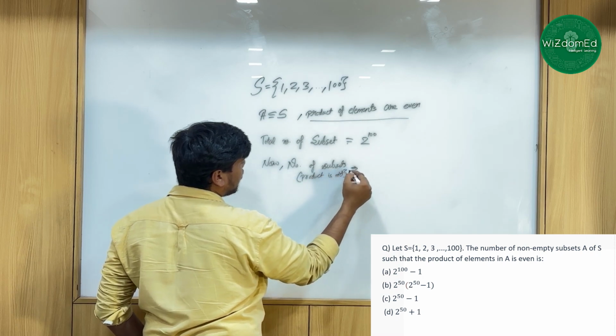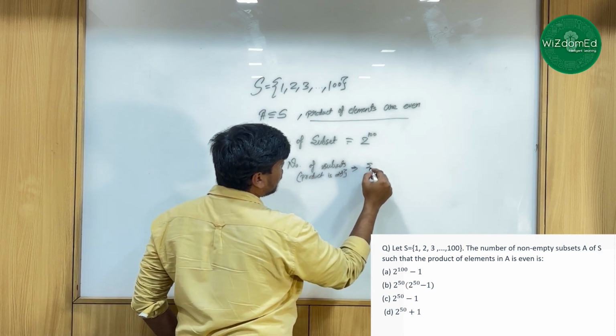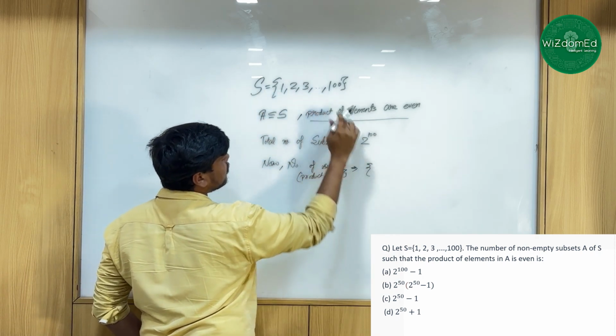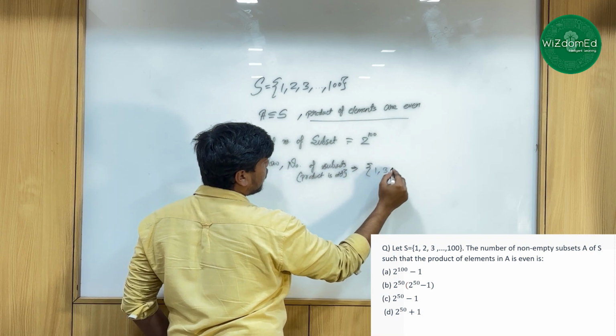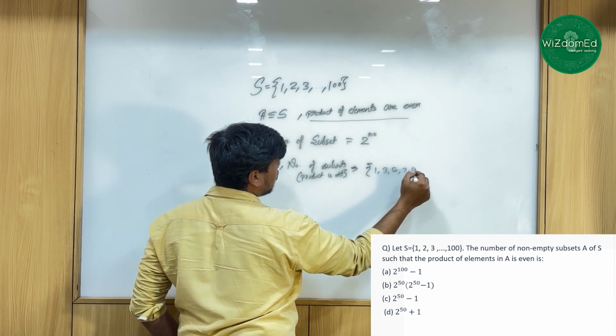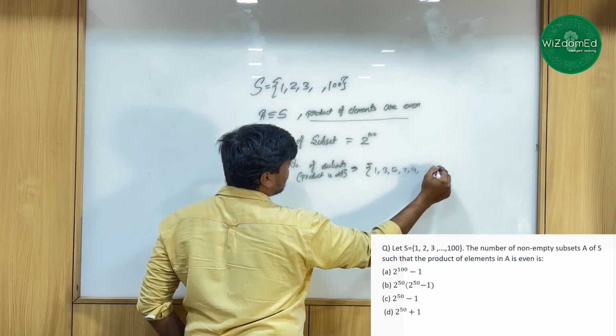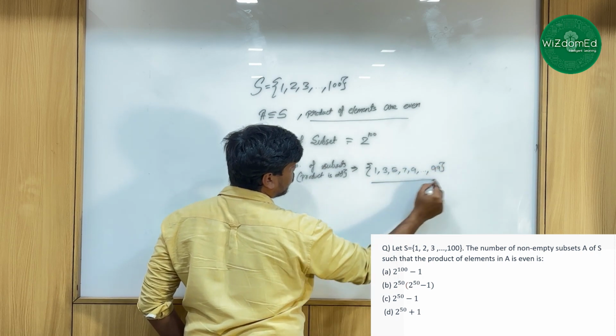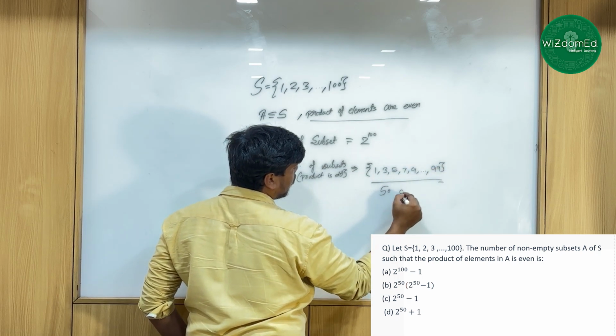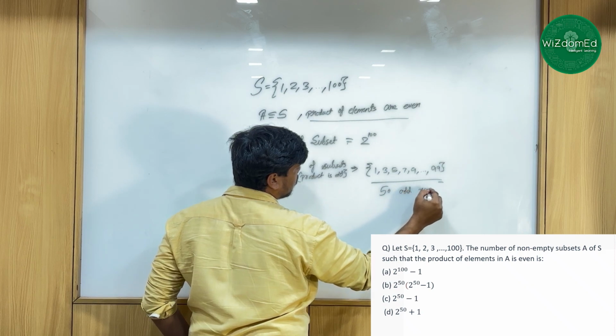To find that, what can we do? We know that out of this total 100 elements, 1, 3, 5, 7, 9 and so on up till 99, there would be 50 odd numbers.